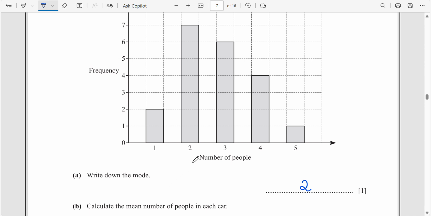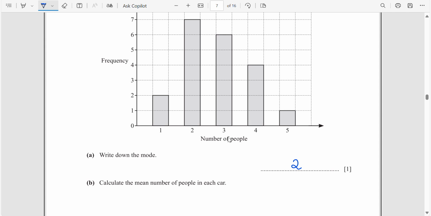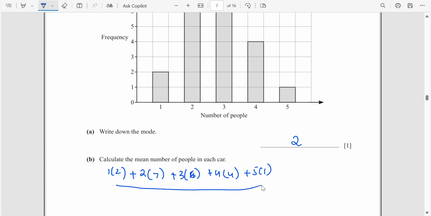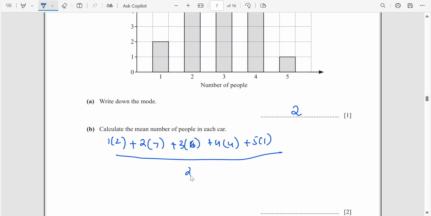Calculate the mean number of people in each car. So to calculate the mean, you multiply the number of people with the frequency. We'll start with 1 into 2 plus 2 into 7 plus 3 into 6, as it's 6, 4 into 4 and 5 into 1. And it is divided by the total, and here the total is 20, so you'll divide it by 20.